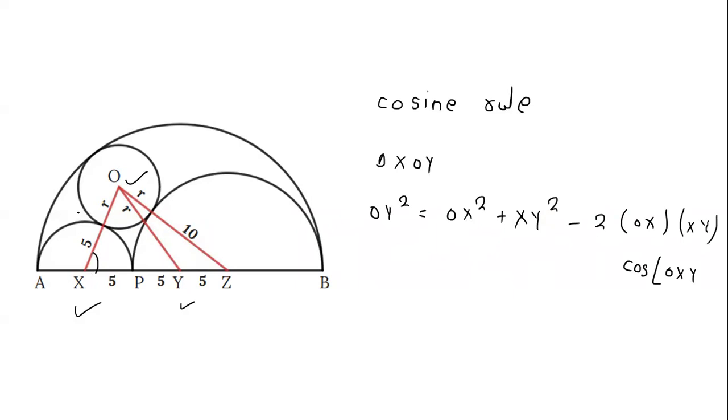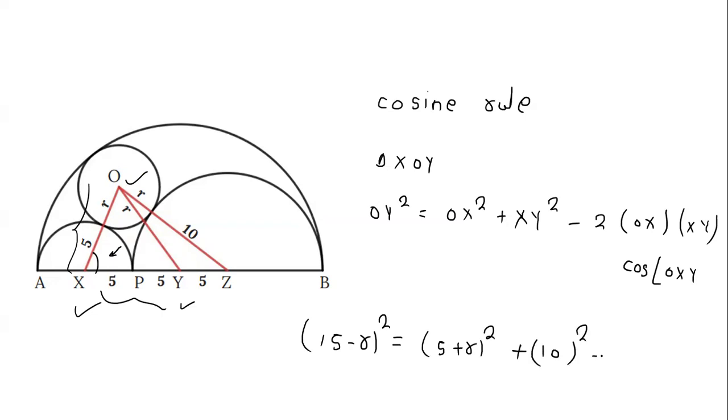So this is OX, this is XY, and this is the angle between them. So OY, I know it is 15 minus R. OX, I know it is 5 plus R. XY, I know 10. So I just replace different values.